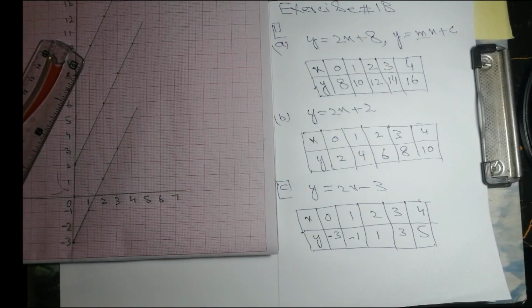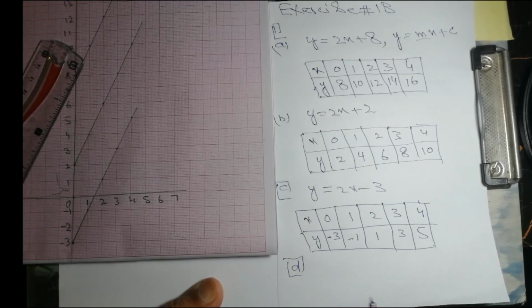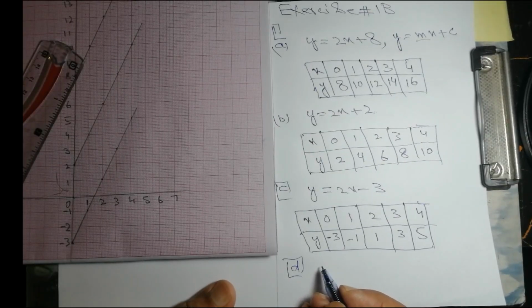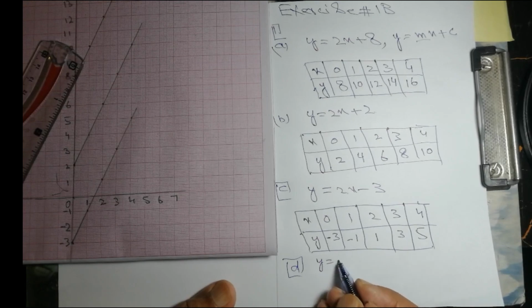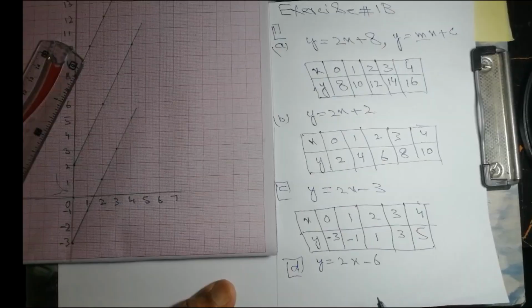And now part D, similarly. This is part D. The equation is y equal to 2x minus 6.